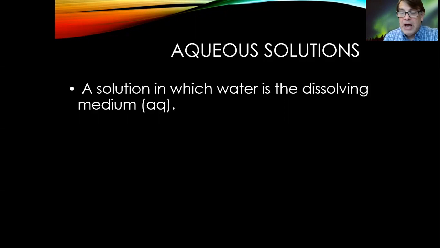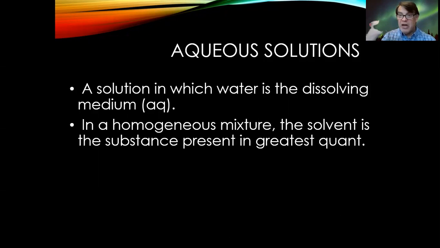Now, there are other kinds of solutions. Of course, you can dissolve things in other things. To back off of aqueous into a more general kind of wording, in a homogeneous mixture where everything is equally mixed together, the solvent is the substance present in the greatest quantity. So we call the thing you're putting stuff in the solvent.